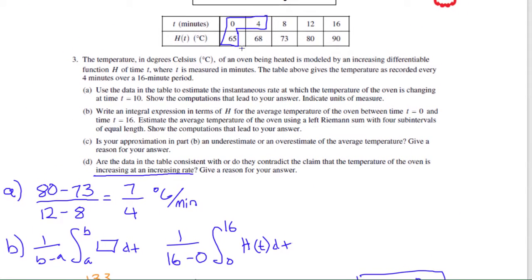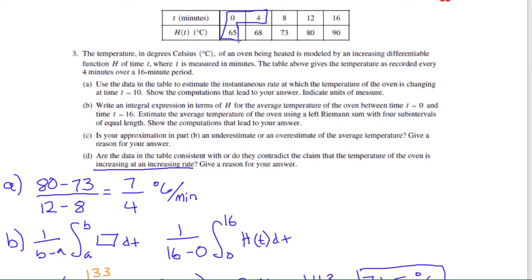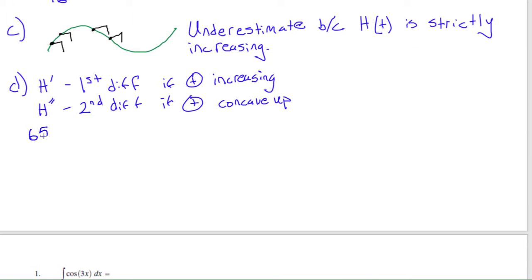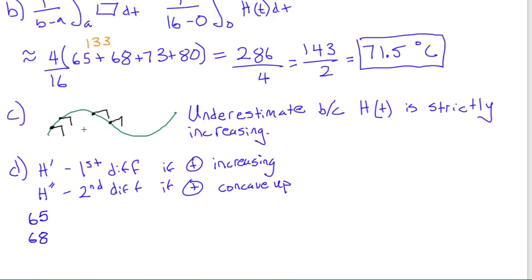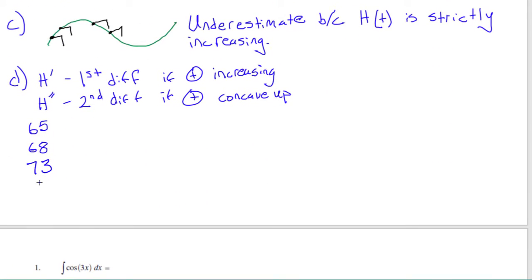So coming to this table, I'm going to rewrite these numbers so I can have them with more room. 65, 68, 73, 80, 90. So first differences, I'll do those in yellow. 65 to 68, you're adding 3.